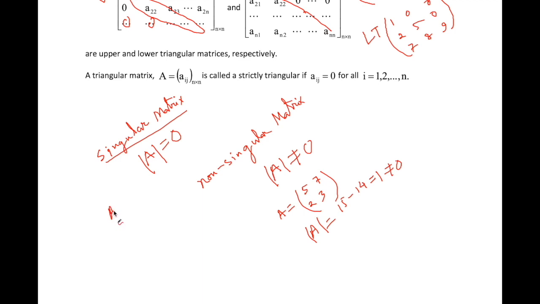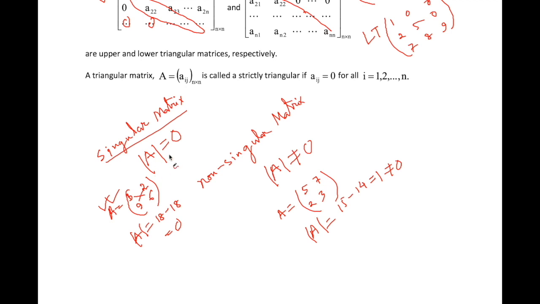However, this A, let's say 3, 2, 9, 6. The determinant of A here is equal to 3 into 6, which is 18, minus 9 into 2, which is also 18, equal to 0. So this A is a singular matrix.